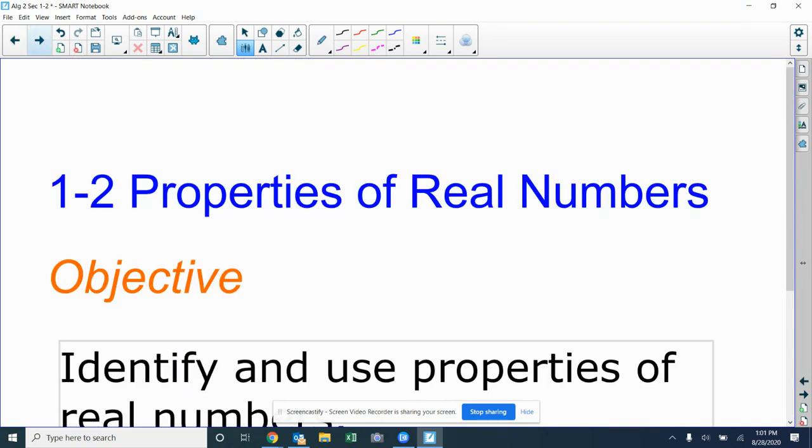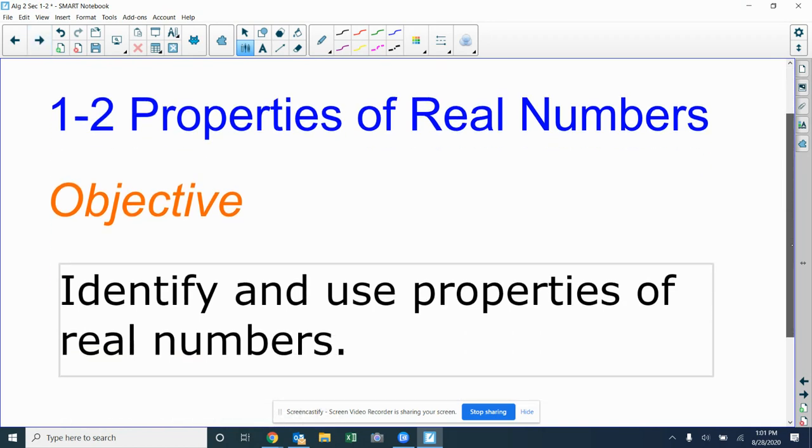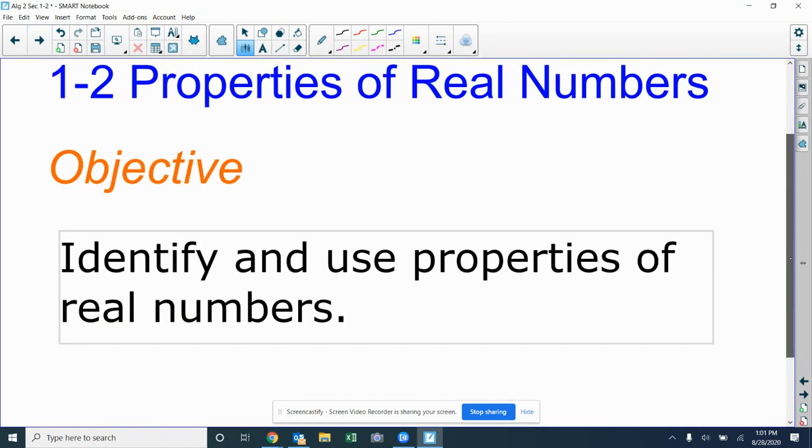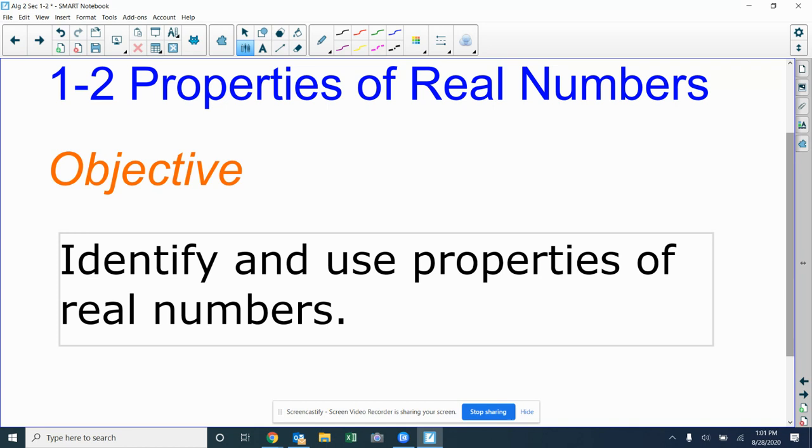Those I didn't make you do. So here's what we're going to be learning today. You're going to have to learn some properties. Identify and use properties of real numbers. Folks, I'm talking associative, commutative, distributive, right? This is 7th grade stuff, all right? I'm talking identity, additive identity, multiplicative identity. I'm talking simple stuff today, hopefully.